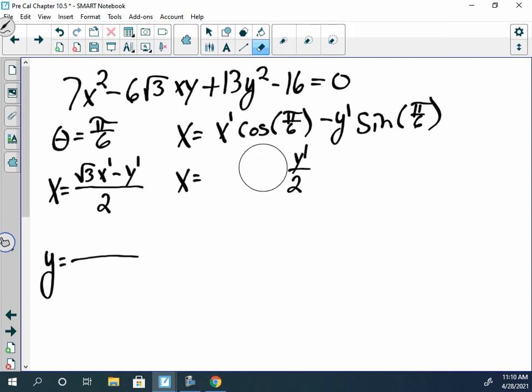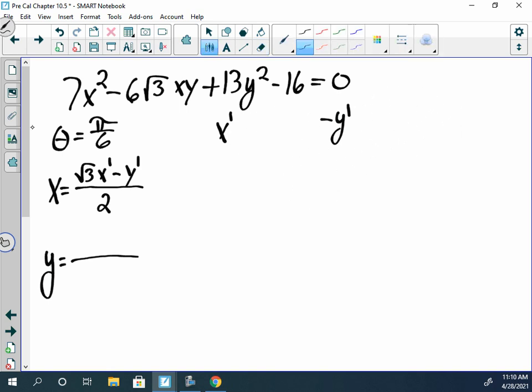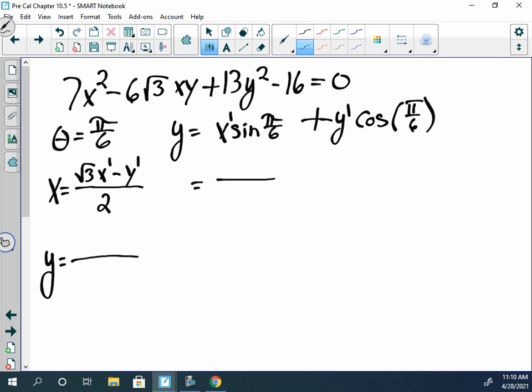Now I have to do the same thing with y. So y is equal to sine of pi over 6 x prime plus cosine of pi over 6 y prime. Luckily, it was already told to us that cosine of pi over 6 is square root 3 over 2, and sine of pi over 6 is 1/2.